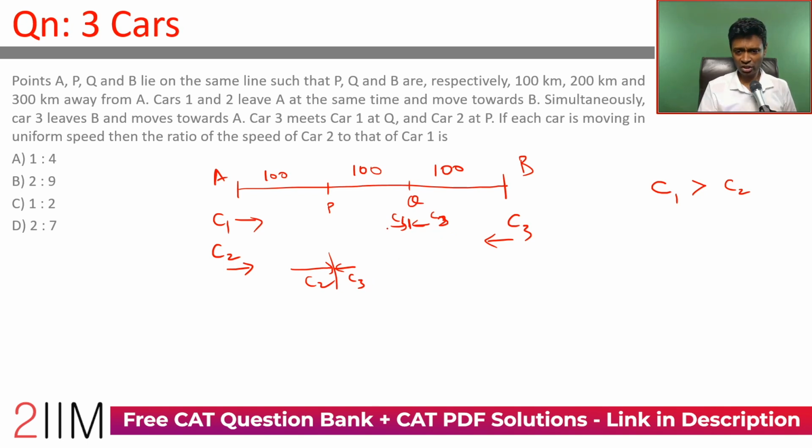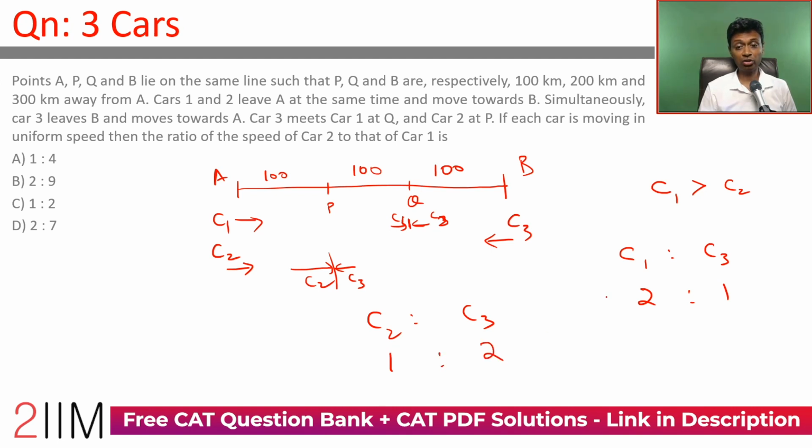Right? So C1 to C3, when car 3 travels 100, car 1 travels 200. So the ratio of speeds C1 to C3 is 2:1. C2 to C3: when C2 travels 100, C3 has traveled 200. C2 to C3 is 1:2.